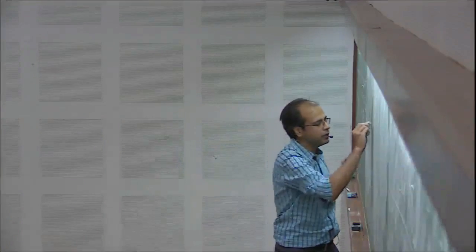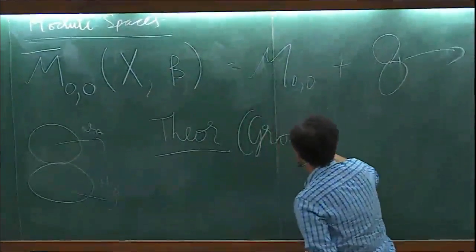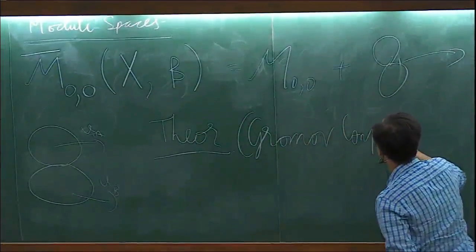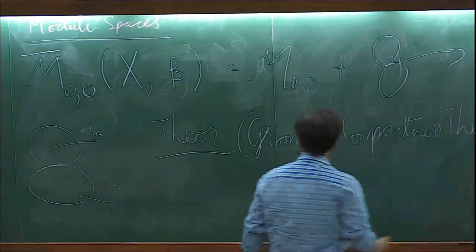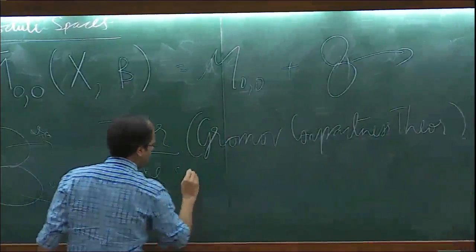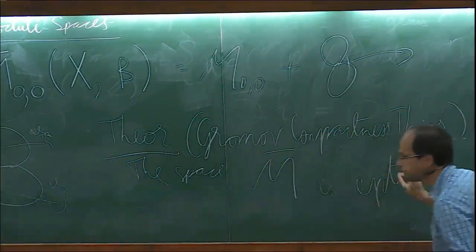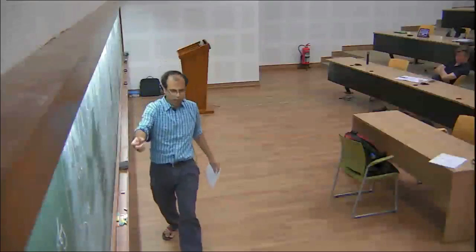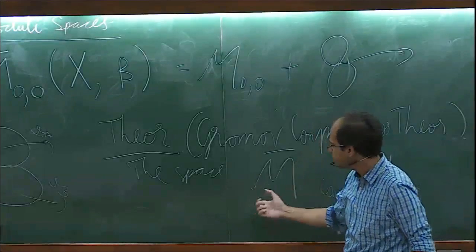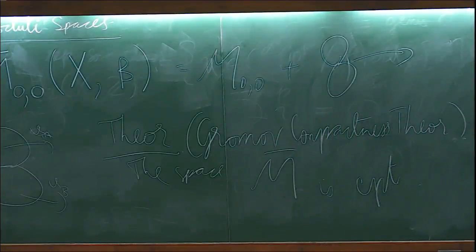Okay, and so the big theorem is the following. This is called the Gromov compactness theorem. The space M bar is compact. This is the big theorem, and so M bar is not a manifold, but it is very close to being a manifold because this is good enough for saying this forms a homology class.